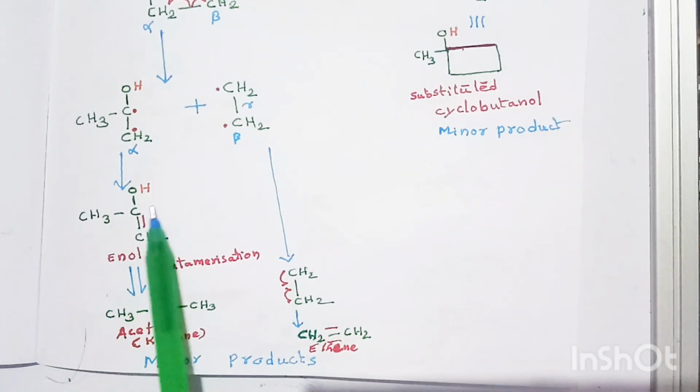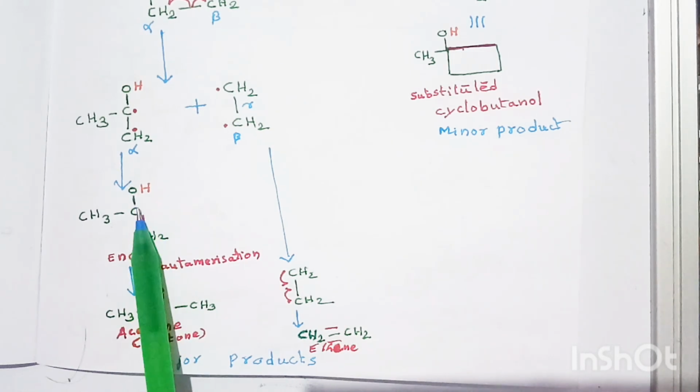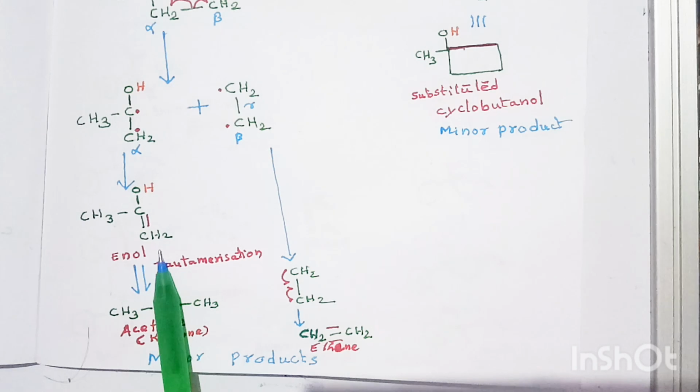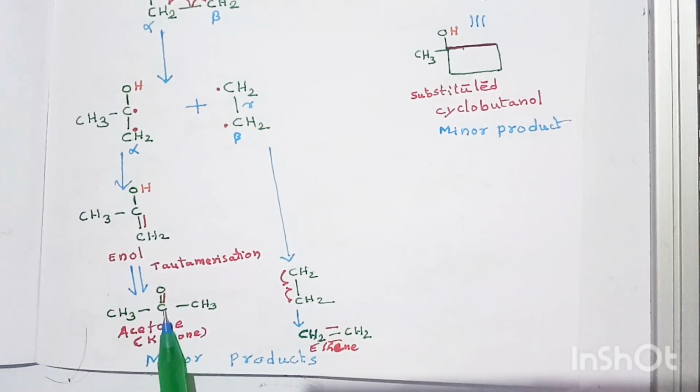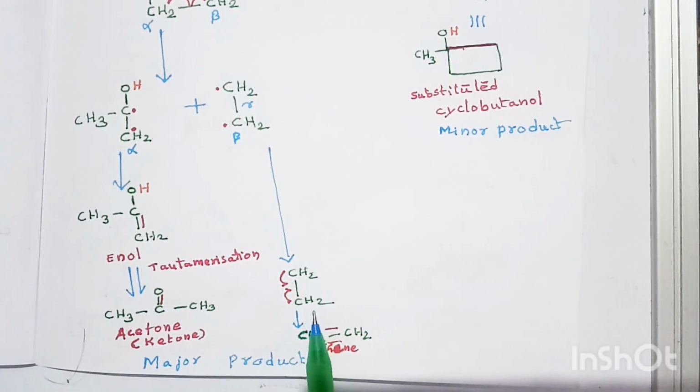This tautomerization means this hydrogen atom which is present here will go and join this CH2 to form CH3, as a result of which we get CH3 C double bond O and CH3. This is a ketonic form of the enol. This is acetone. This is the major product.